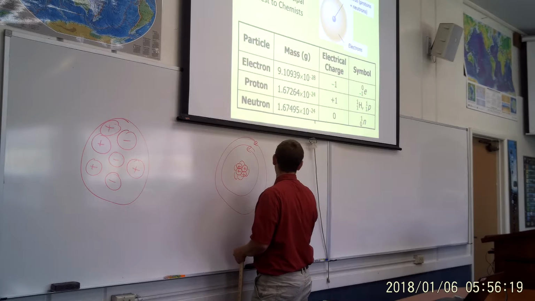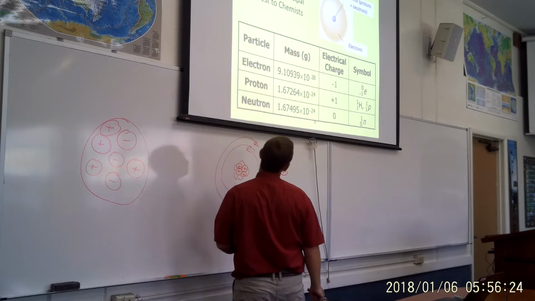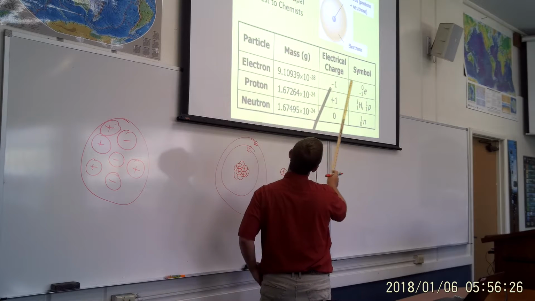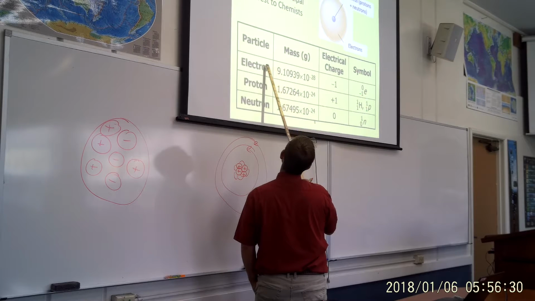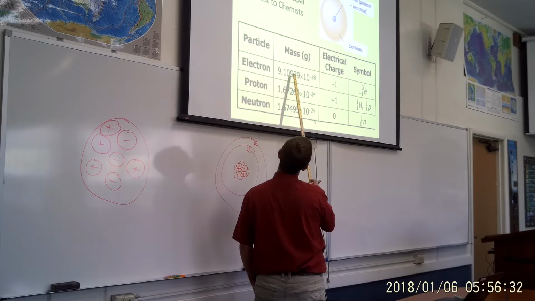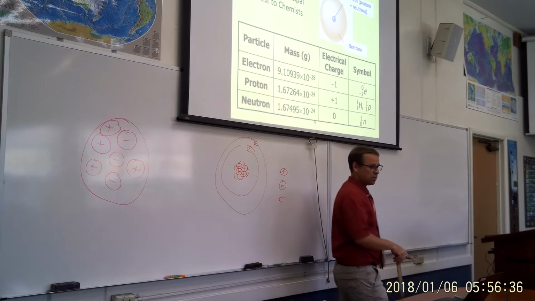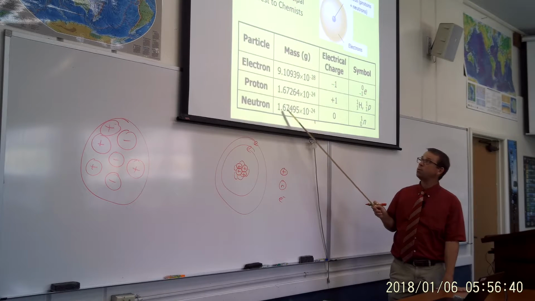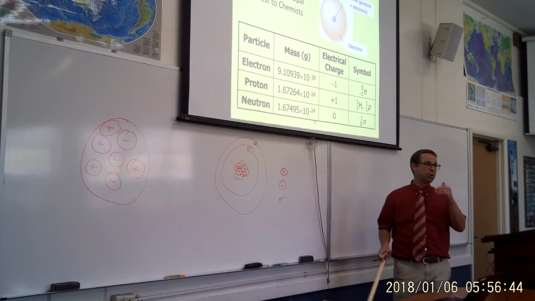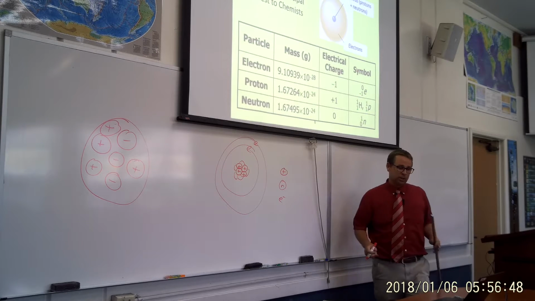Positively charged are our protons, neutrally charged are our neutrons, and electrons are negatively charged. Right? And one of the major things to remember here is that the mass difference between electrons and protons is relatively large. It would take more than 1,000 electrons to get the mass of a proton or a neutron. It's also worth noting that protons and neutrons have pretty much the same mass. Okay? Okay, good.